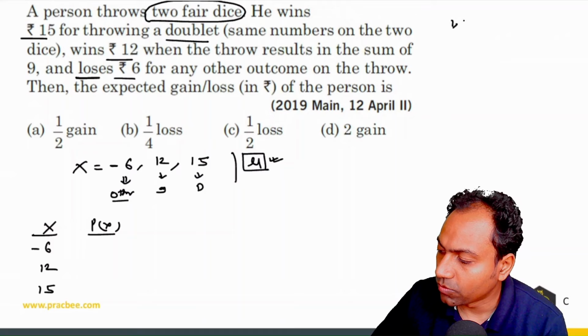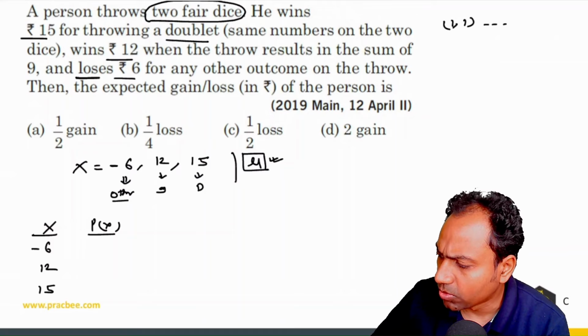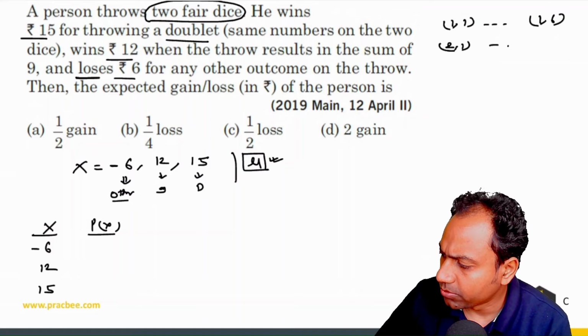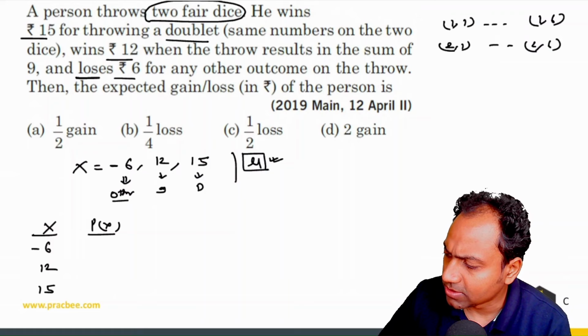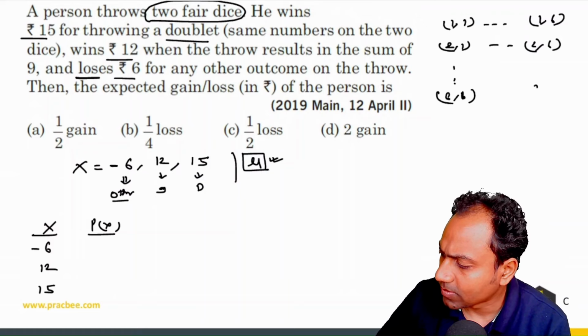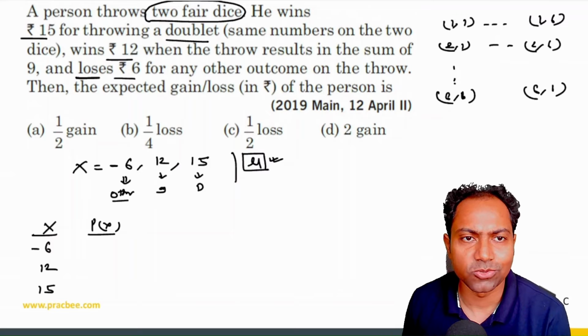So if you're throwing 2 dice, I will start with 1, 1, and I will go till 1, 6. Then 2, 1, 2, 2, 6. This I am writing for my own imagination, and then this will go till 6, 1 to 6, 6. Now this we are writing for our own imagination. Otherwise, you can also use your logic to solve the question.